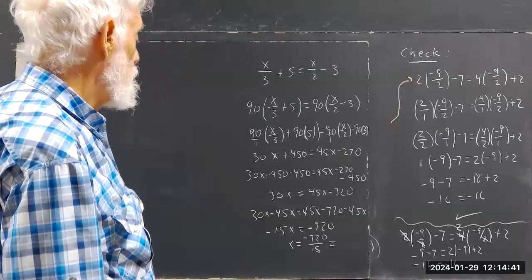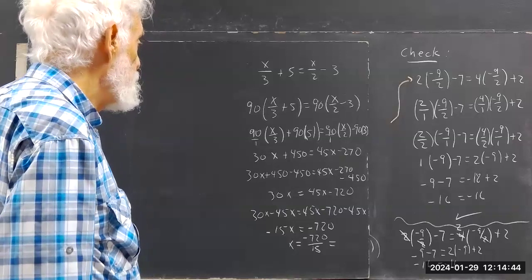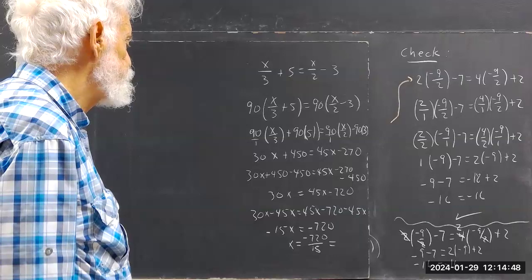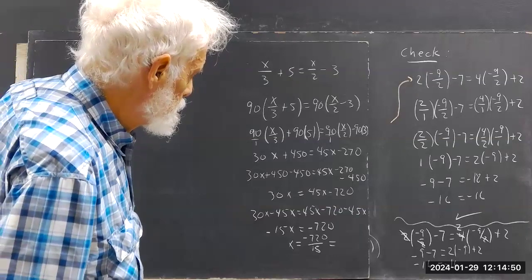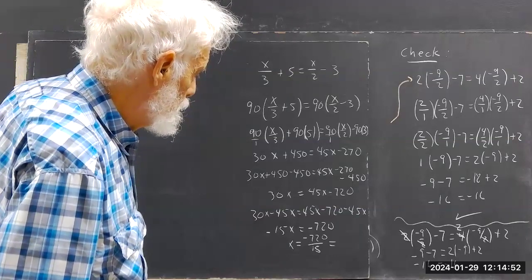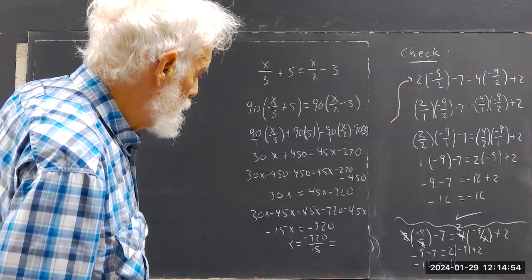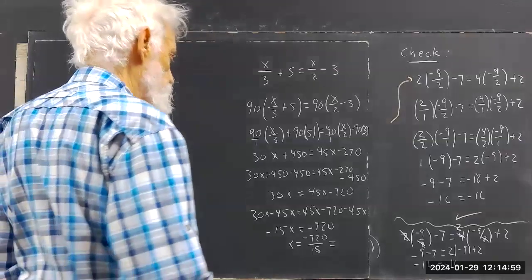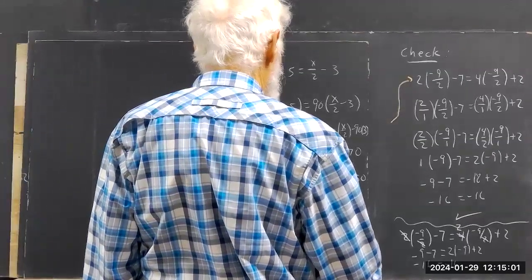And something's terribly wrong because that number is way too big. Negative 48.